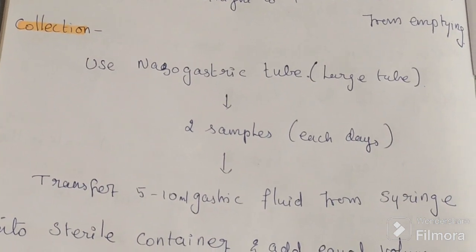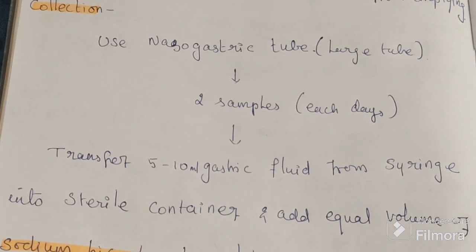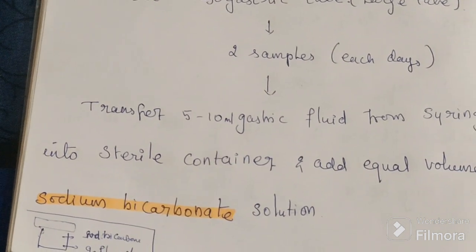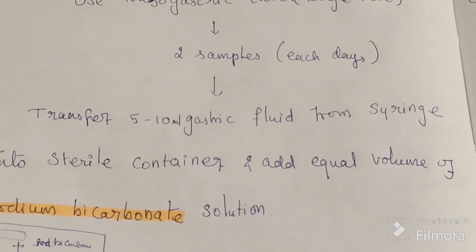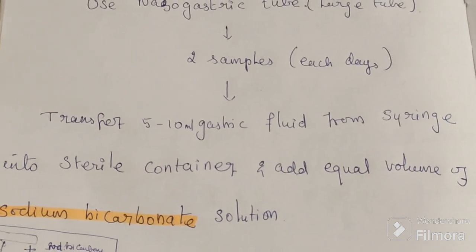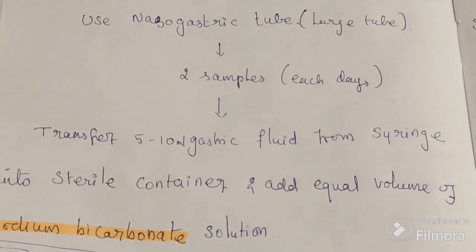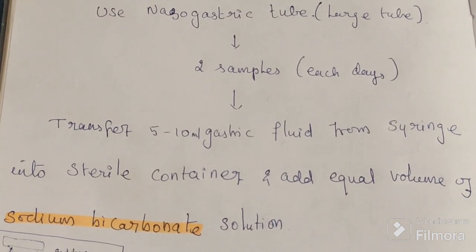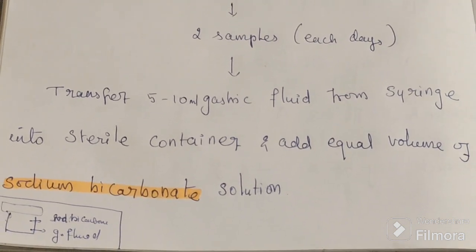Transfer 5 to 10 ml gastric fluid from the syringe into a sterile container and add an equal volume of sodium bicarbonate solution. We add it because gastric fluid is highly acidic, so we want to neutralize it.